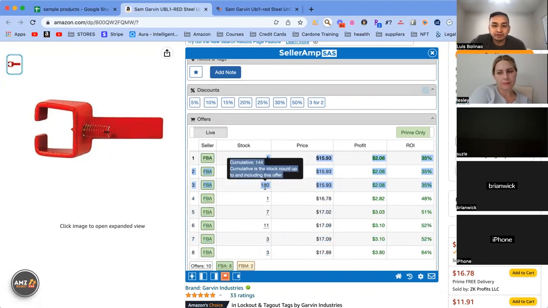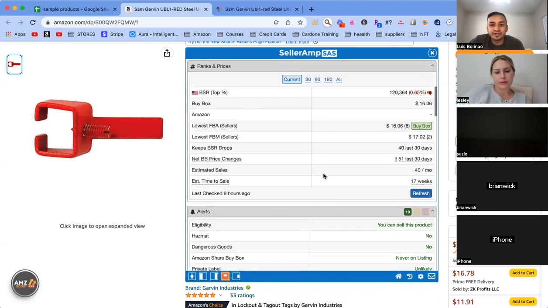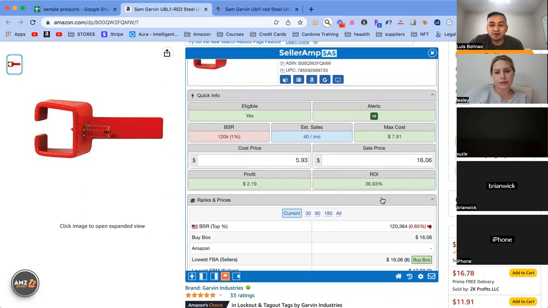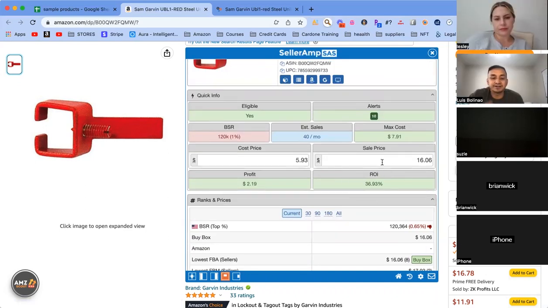This one is 100, this one is 43, this one is 1. So unless you're willing to sit on it, you can. I don't think it's enough profit though. Yeah, I agree. So this one has a 36% ROI, which is on the higher side, right? But as far as profit, this one only gives us like $2. So this one is a personal choice.